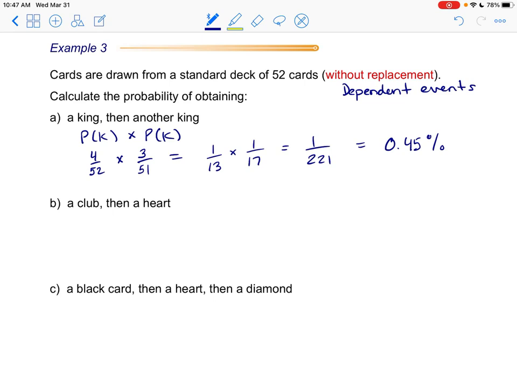But what about a club and then a heart? Well, there are 13 of every suit in the deck. But once we've drawn one card, there's one less card to draw. And we can simplify this a little bit, because 13 over 52 is a quarter.